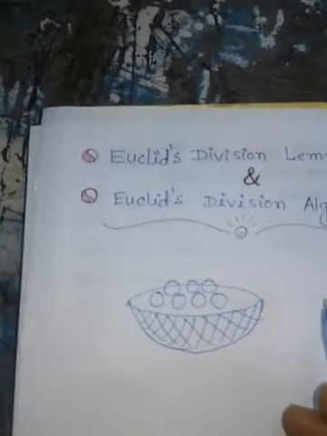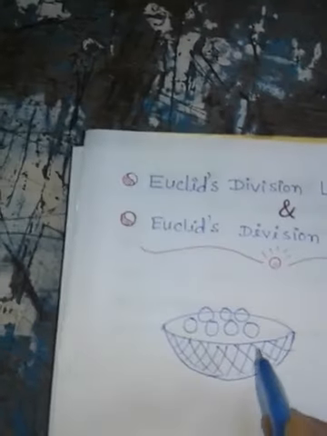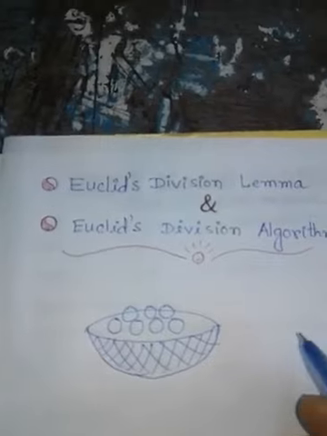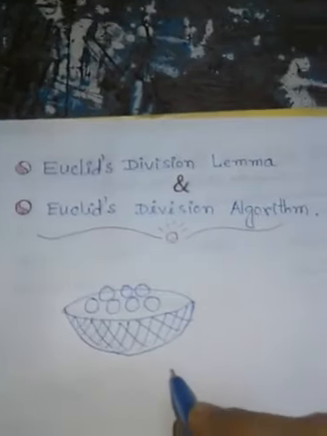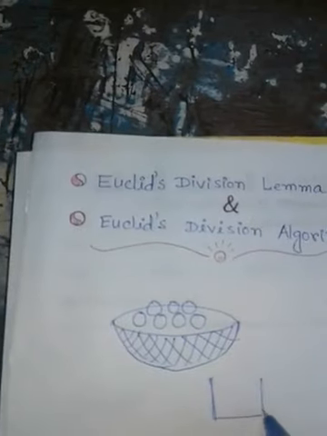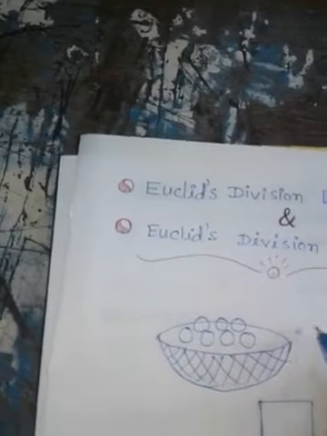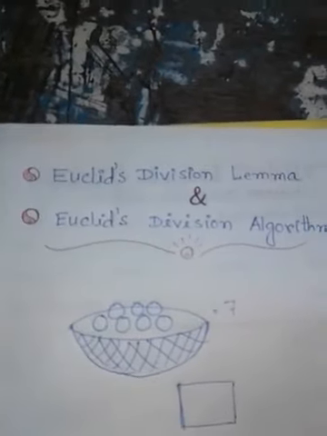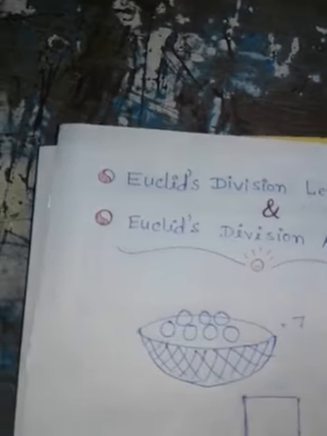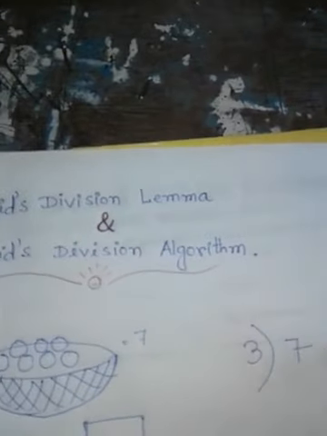We want to distribute the oranges into small boxes in such a way that each box contains 3 oranges. How many boxes are needed and how many oranges are left out? Here we have 7 oranges. We want to keep 3 oranges in each box. Then we have to divide 7 by 3.